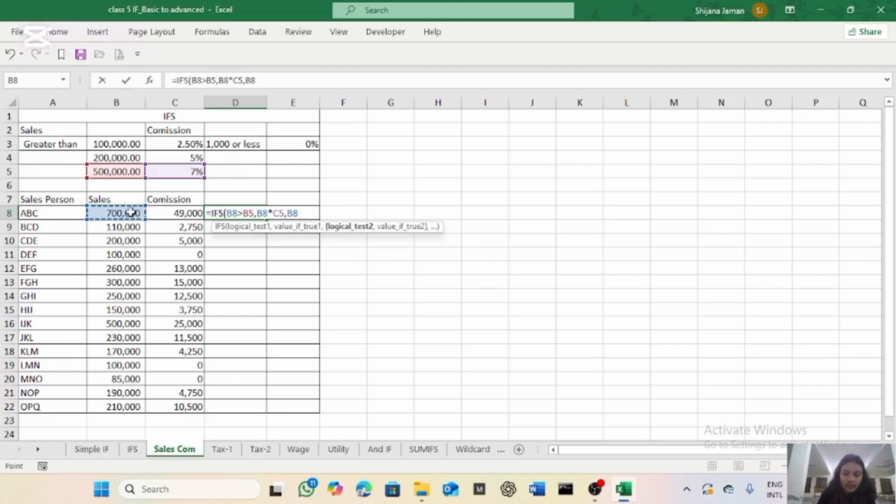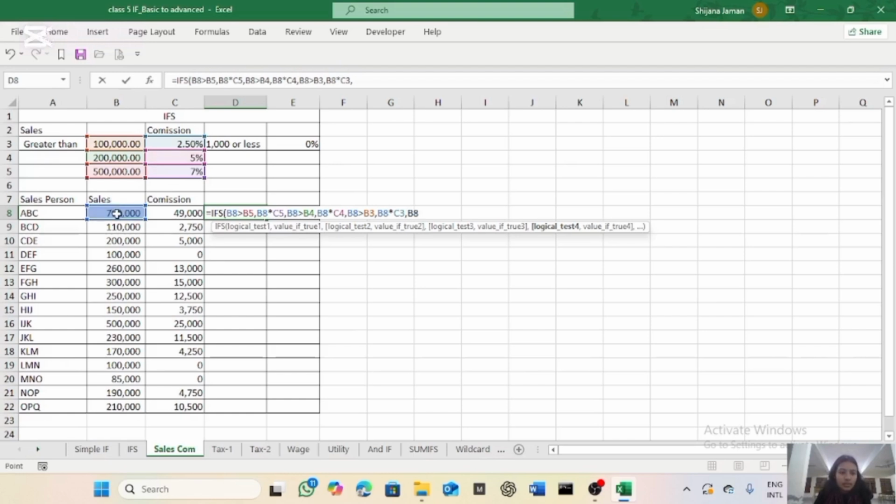If 7 lakh greater than 2 lakh, comma, he will get 5% commission. So 7 lakh into 5%, comma. If 7 lakh greater than 1 lakh, comma, he will get 2.5% commission. So 7 lakh into 2.5%, comma.